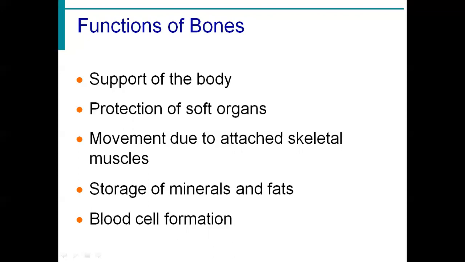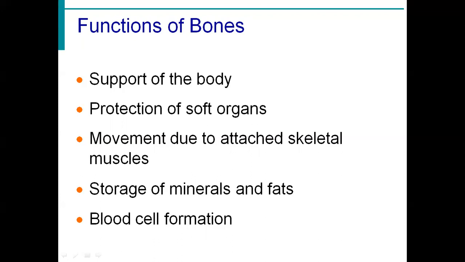Number 4, storage of minerals and fats. Bone is a very important area for storage of calcium, phosphate, vitamin D, and fat components. Last, the most important function of long and flat bones is formation of blood cells.